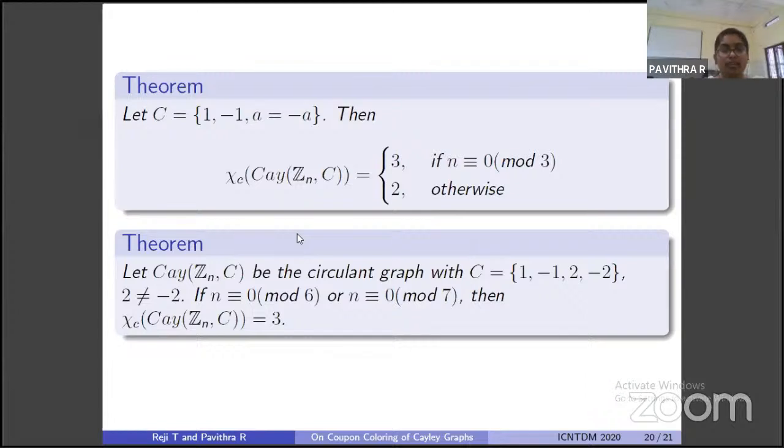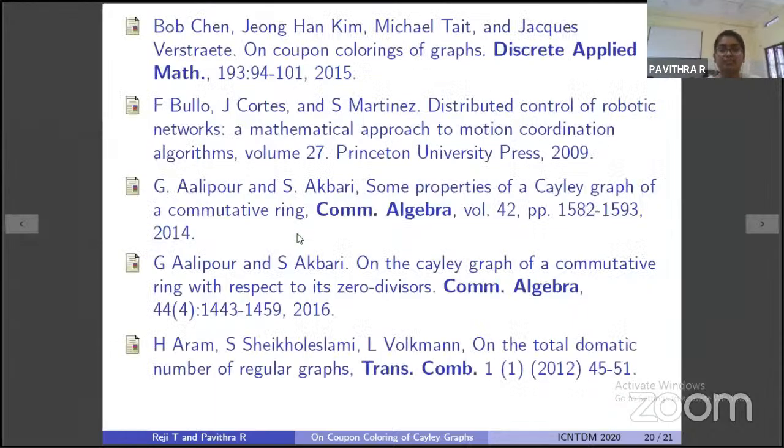This is a 3 regular graph, and we have found the chi-c of this Cayley graph exactly like this. And the second one is with connection set 1, -1, 2, -2. In 2 cases, we proved that the coupon coloring number is exactly 3 if n is congruent to 0 mod 6 or n is congruent to 0 mod 7. And these are the references.